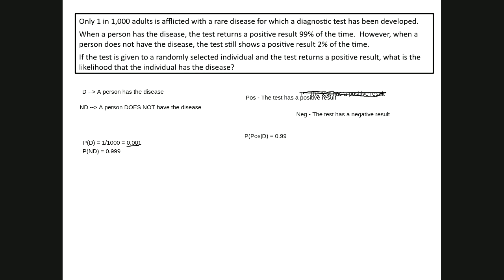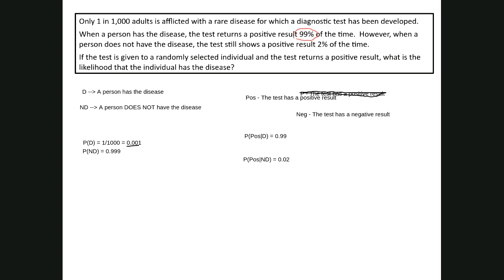We also know that for a person who does not have the disease, the chance that there's a positive test given the person does not have the disease is 2%.